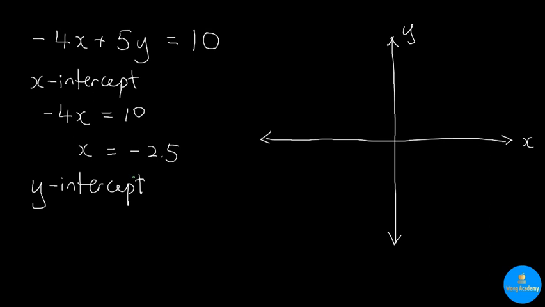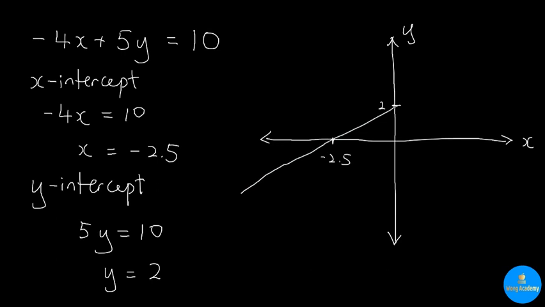As for the y-intercept, we should substitute x being 0 because the x-coordinates at this moment is always 0, and we are left with 5y equals 10, so we have y equals 2. Marking -2.5 and 2 on the x and y axis respectively, we can graph the straight line by joining the 2 points directly.